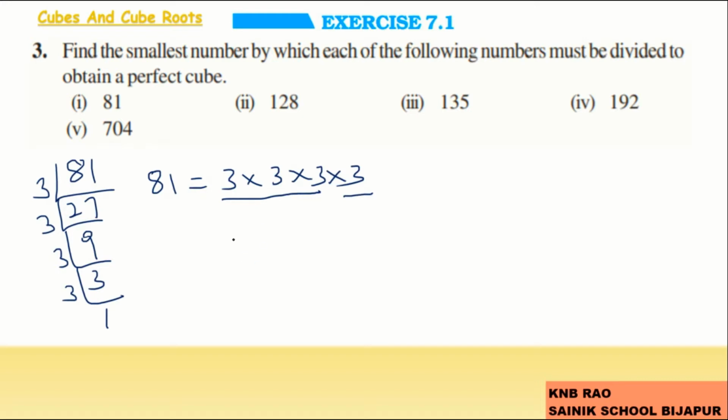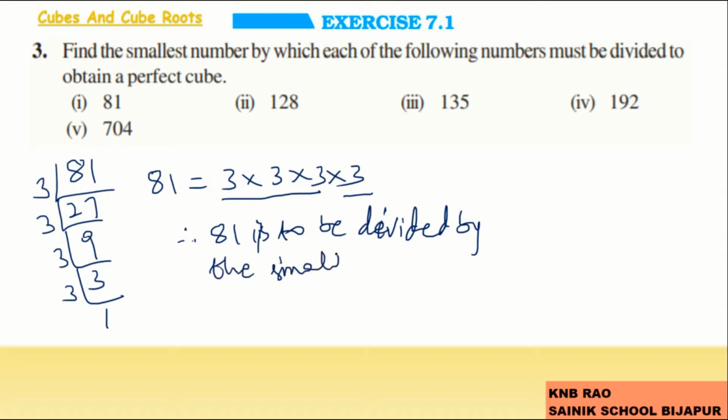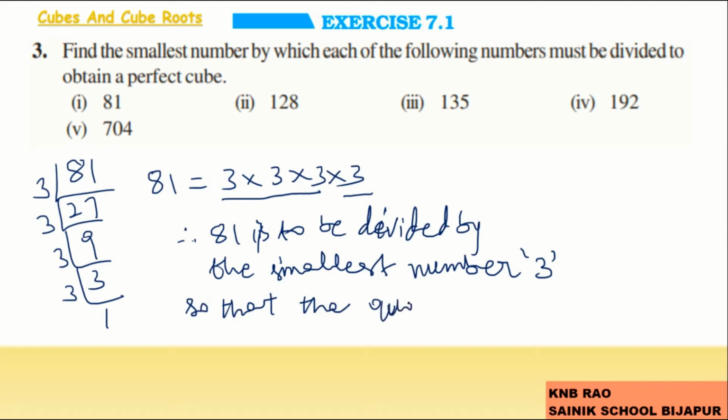So, to make it a perfect cube, we need to divide this 81 by the smallest number 3, so that the quotient becomes a perfect cube.